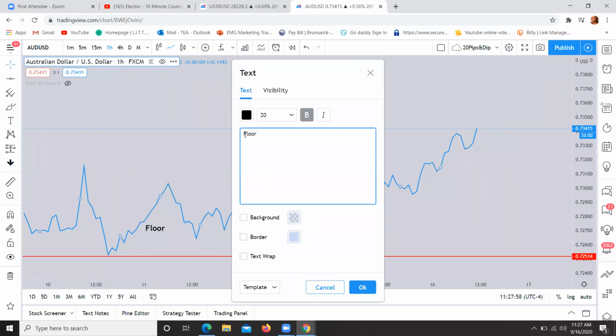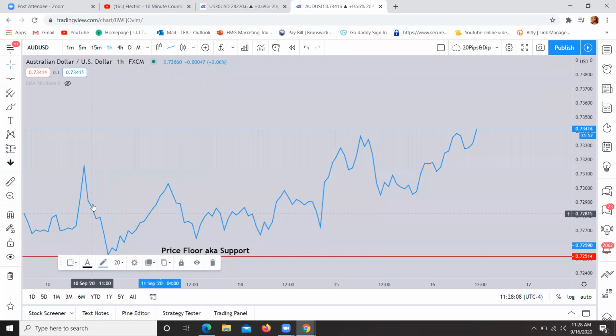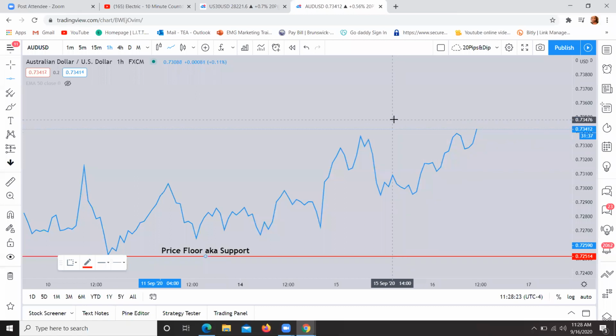Price floor, AKA support. Support is going to be a low point that price came down to and bounces off of. Resistance.